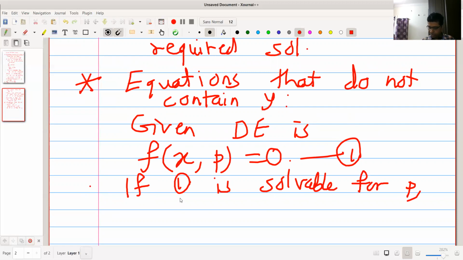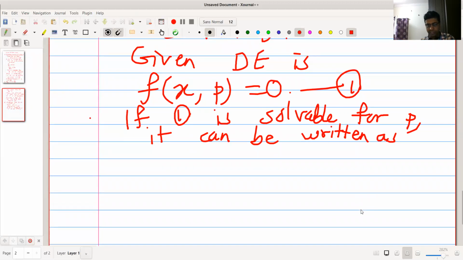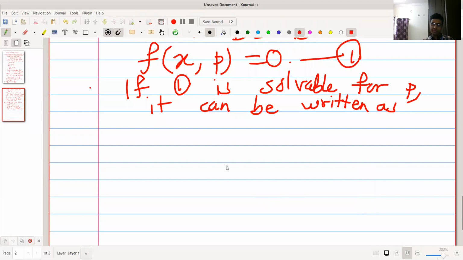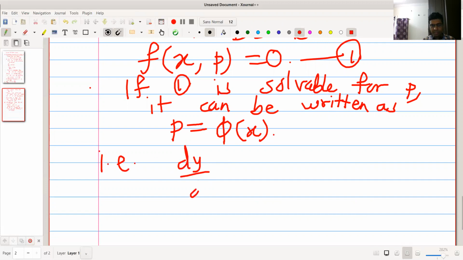it can be written as p as a function of x, because we have only two variables in these differential equations, namely p and x. So we have p equal to phi of x for some function phi. That is, p is nothing but dy by dx.